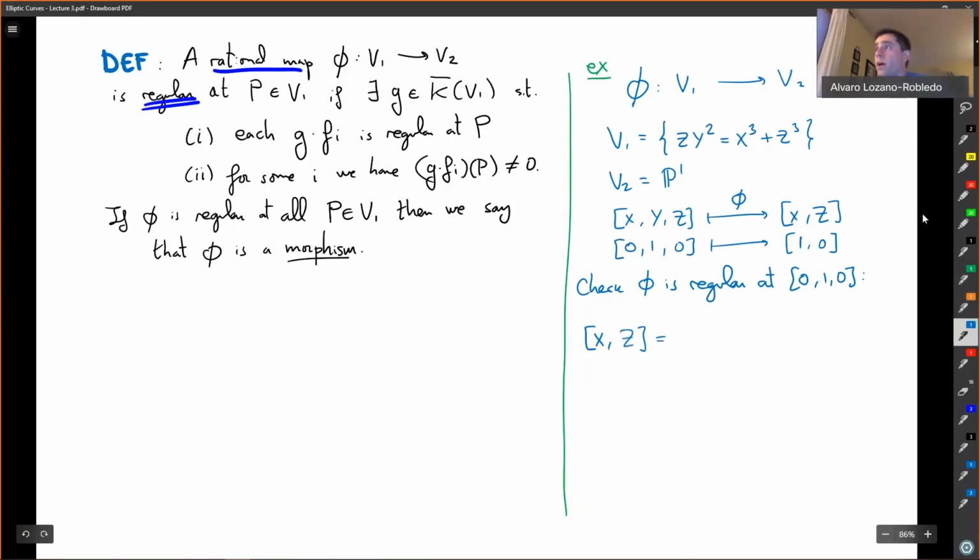What I'm going to do is multiply both functions by x squared, and I get x cubed z, x squared. Now I'm going to use the definition of the variety V1. I can use that definition to replace x cubed by zy squared minus z cubed.